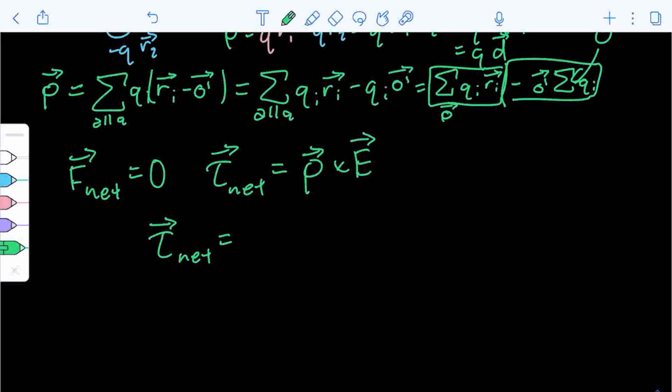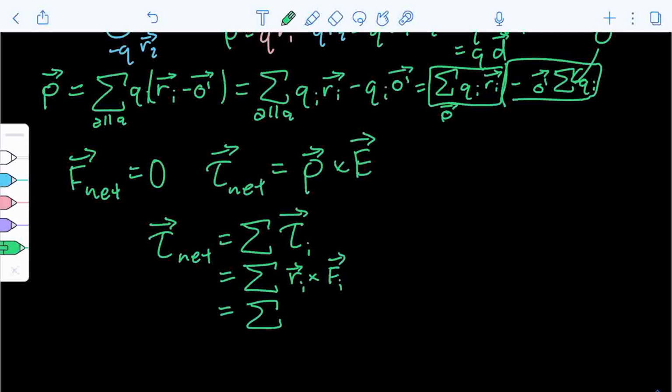So the net torque is going to be the sum of a bunch of torques. And each of the torques are going to be the position cross the force, because that's the definition of torque. But then the force is going to be Q times E by the definition of electric field.